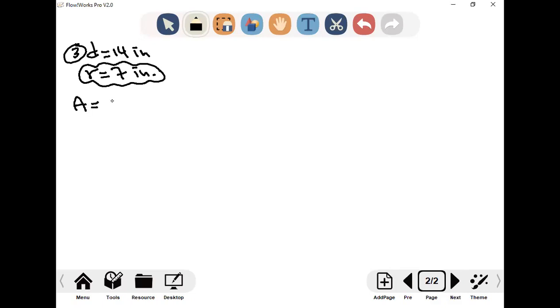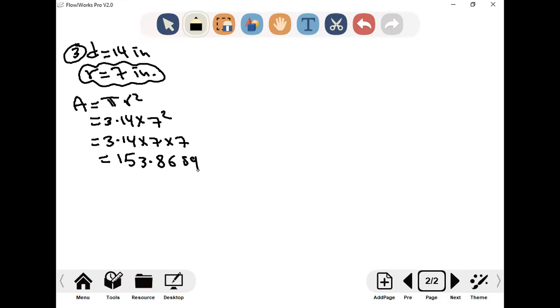Continue, write the formula, pi r to the power of 2 equals 3.14 multiplied by 7 to the power of 2, which means 3.14 multiplied by 49, right? 3.14 times 49 equals 153.86 square inches, or inches to the power of 2.